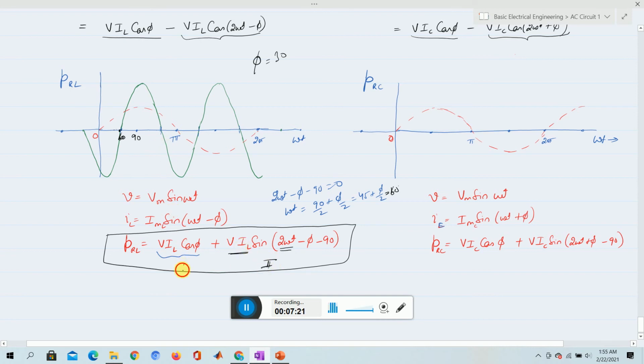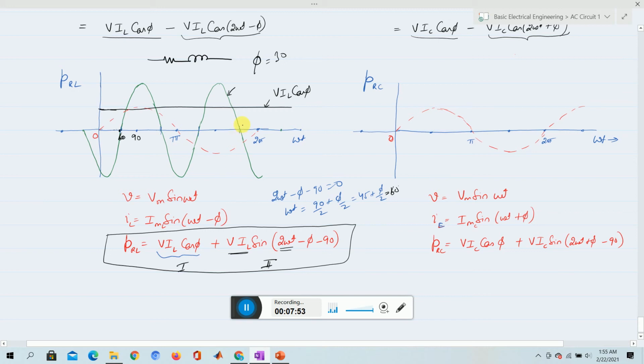Part 1 is the fixed power being observed, which is VI cos phi. You can take another value, which is a straight line, VI L cos phi, that is always observed. So here you have R and L. What we can get is that we split the power into a fixed value, part 1, and another power which is oscillating in nature.